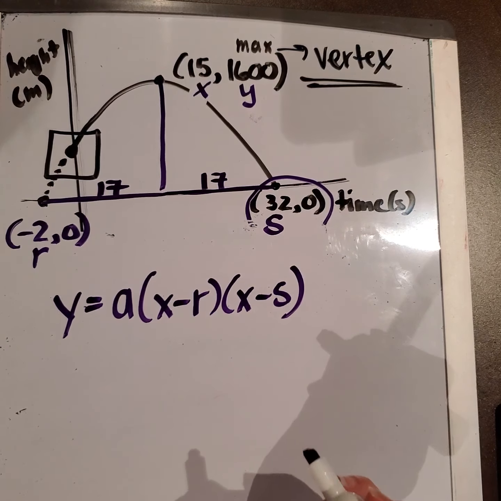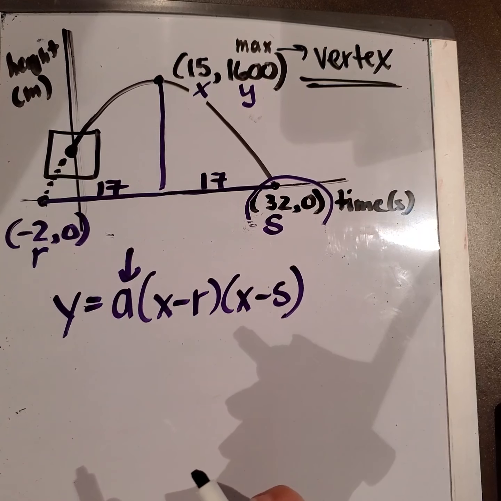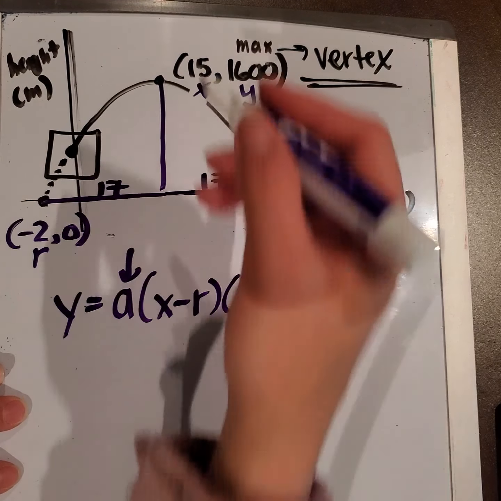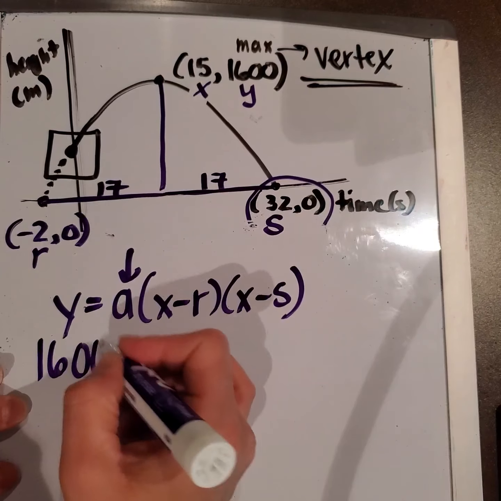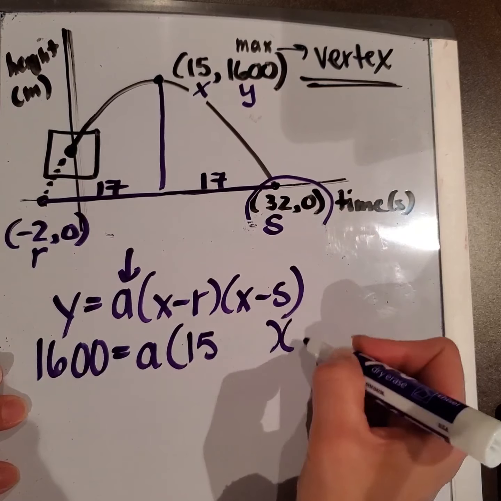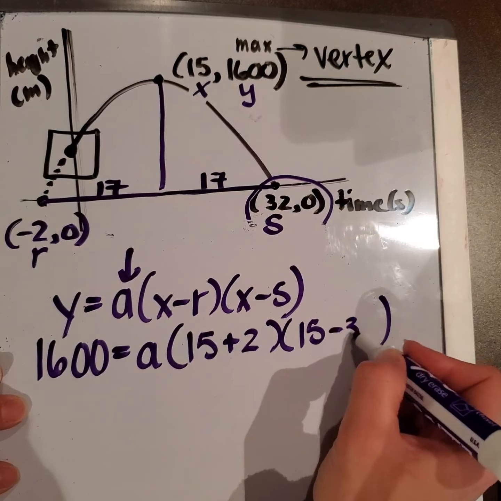I've got everything labeled, so let's start plopping in to get the A value here. We know what the A value is supposed to be, but I want to show you the entire process. So y is 1600. A, x is 15, x is 15, and now positive 2, negative 32.